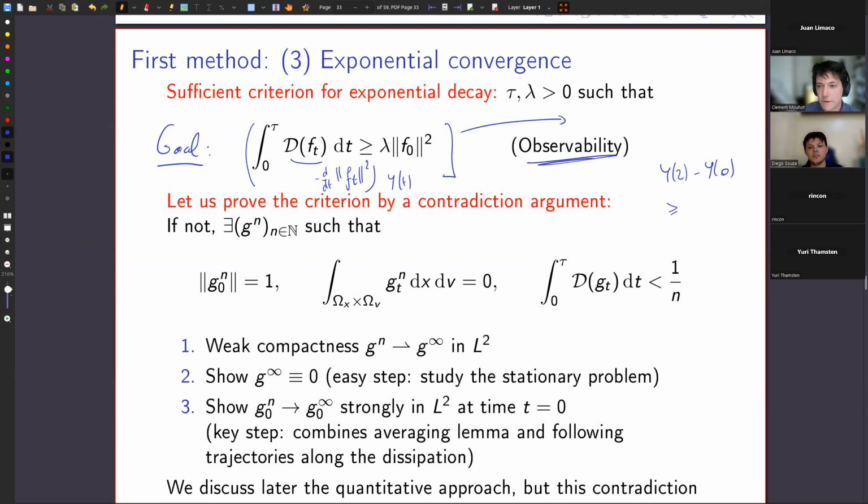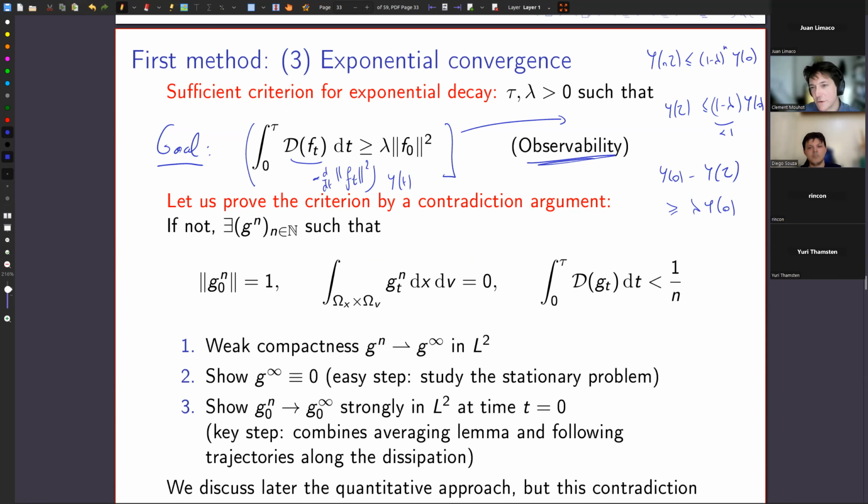Sorry, there's a minus, so y of 0 minus y of tau, because there is a minus here, is greater than lambda y of 0. If you put it the other way, you put the y of tau to the right, you end up with y of tau less than 1 minus lambda y of 0. This is strictly less than 1. If you iterate it, you obtain y of n tau less than 1 minus lambda to the n y of 0, and it is an exponential rate of decay.